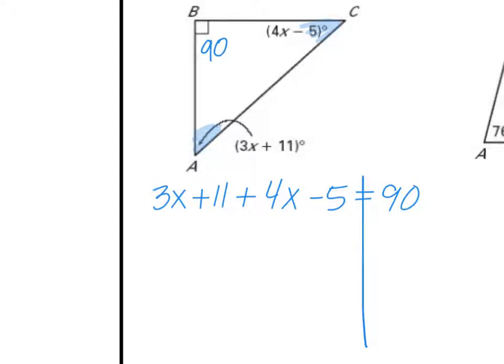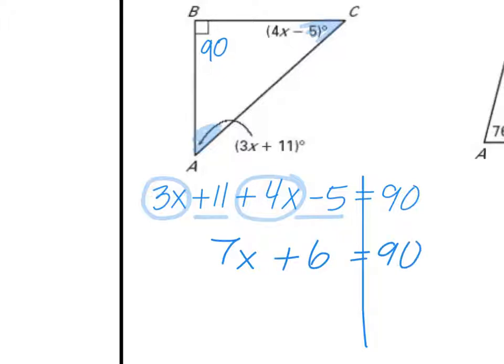So we're solving that equation. Make sure you combine like terms, your x's and your constants. What would that be? That's 6. And then make sure you add or subtract first.